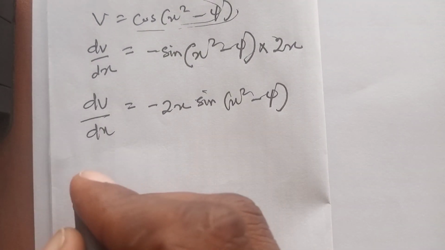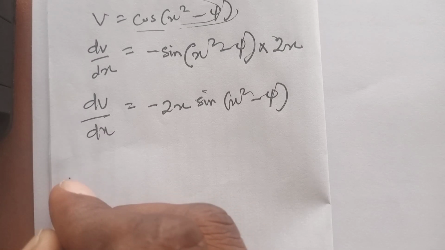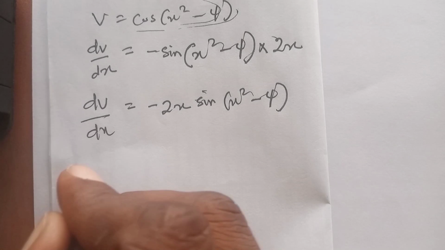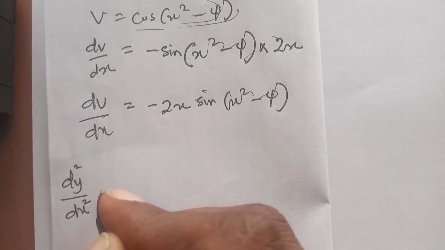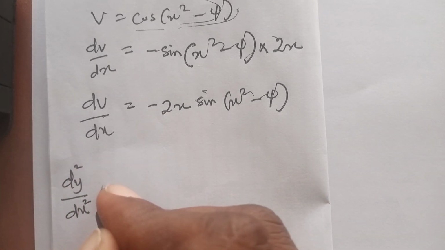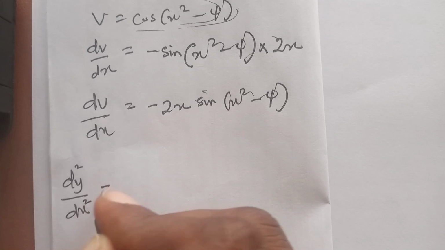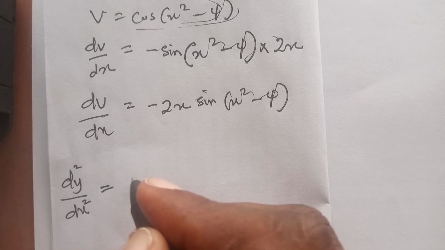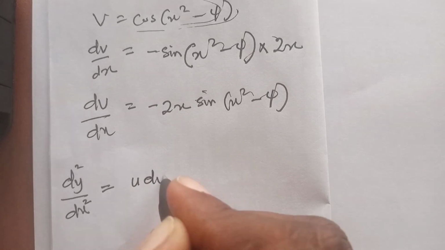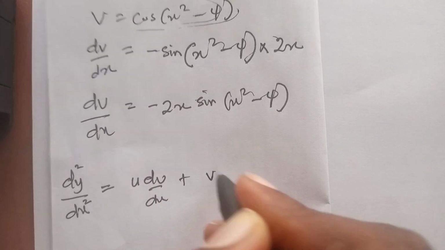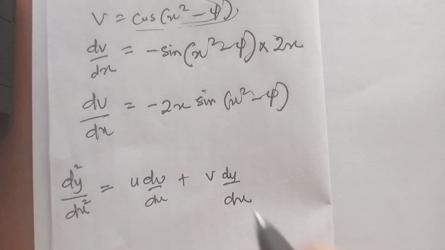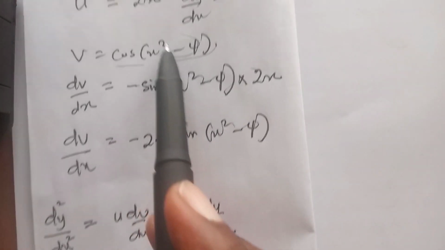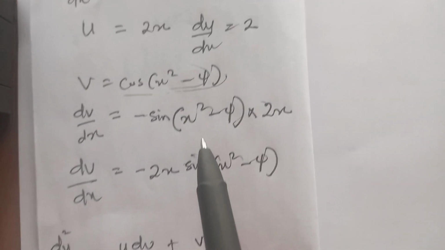Okay, so now my d squared y over dx squared will now be, don't forget, for a product of two functions, it is u dv dx plus v du dx. So what's my u?